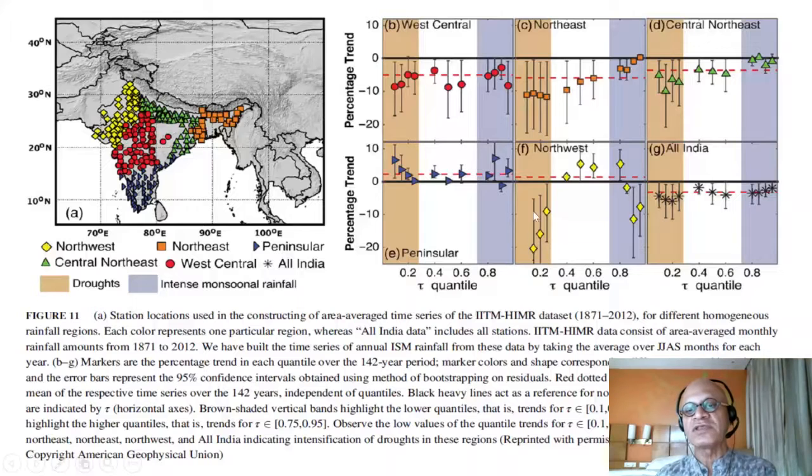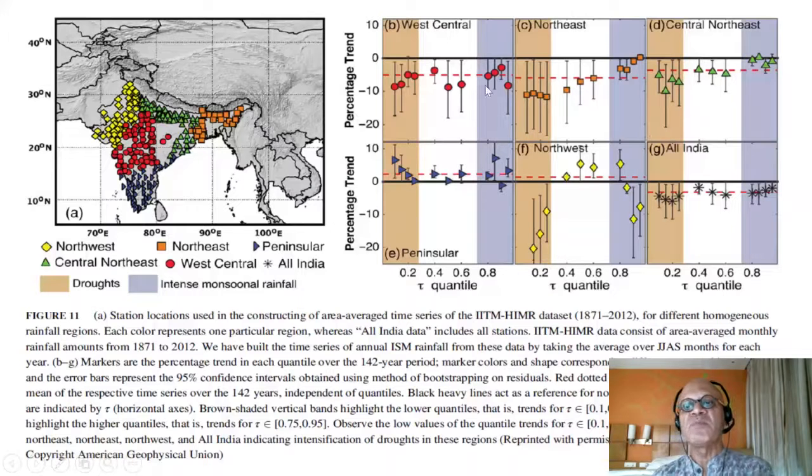So the lowest quantiles here have a tendency towards drought, for example. Not much of a signal overall here, again, other than this multi-decadal kind of signal that we see, despite the overall reduction of a couple of percentiles, percentage trend.